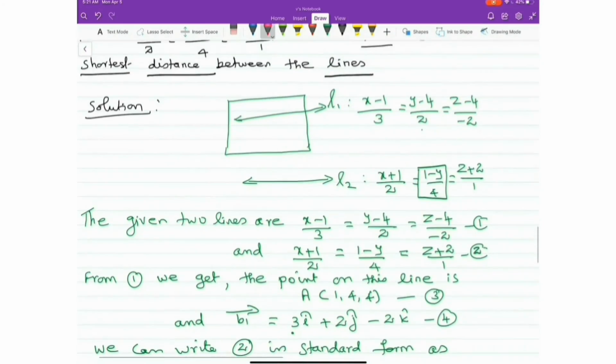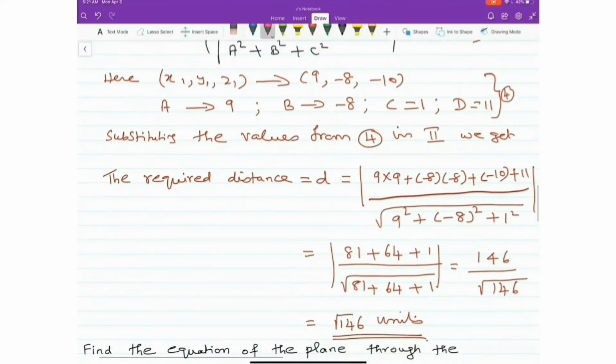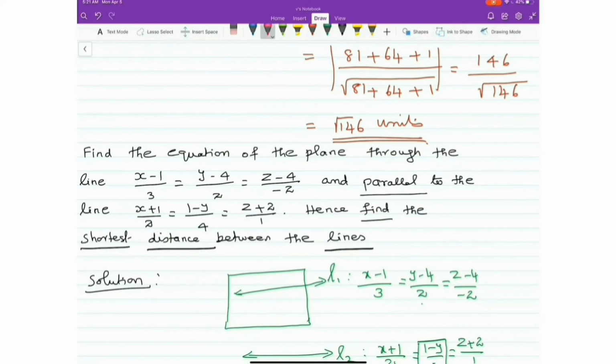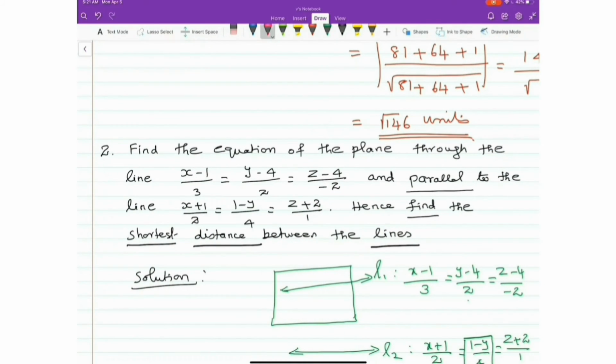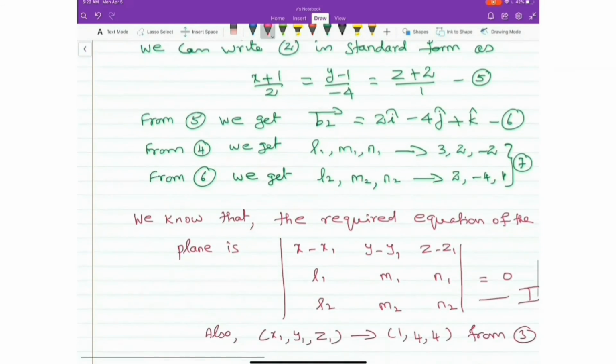Before I conclude, let me see what is asked in the question. Here, find the equation of the plane. Just the equation of the plane. Nothing is mentioned about whether it's a Cartesian equation or vector equation. So we can give the answer in Cartesian equation form. Nothing wrong in that.